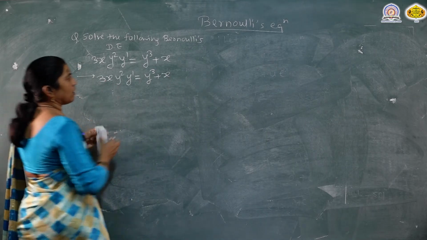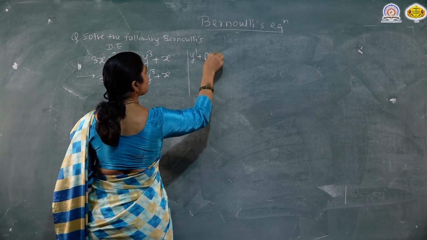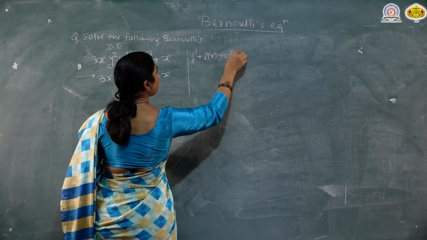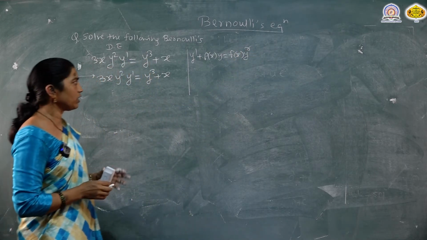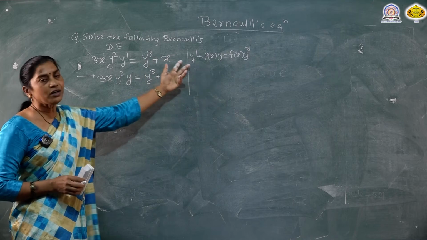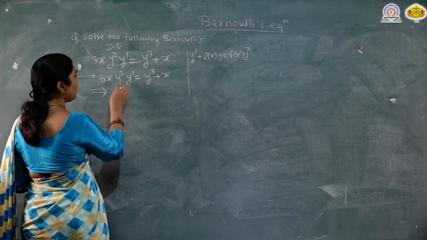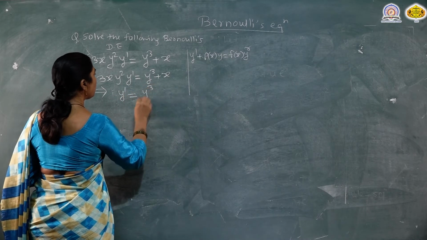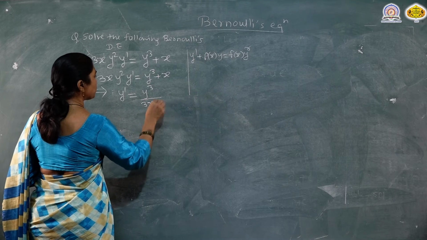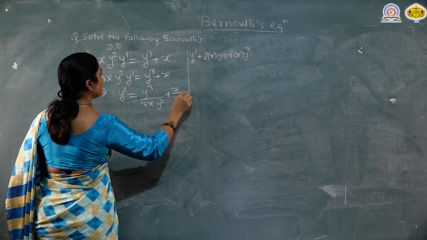Now observe that our Bernoulli's equation is y dash plus px y is equal to fx into y raised to r, where r is not equal to 0 or 1. This equation is not directly in this form, but it can be reduced. So this equation becomes y dash is equal to y cube upon 3xy square plus x upon 3xy square.